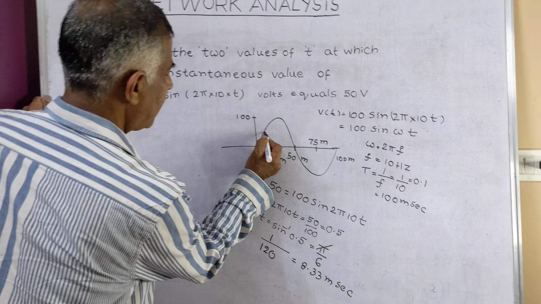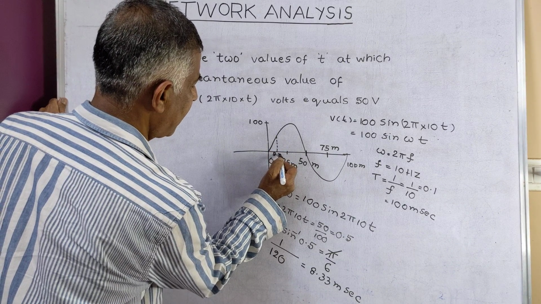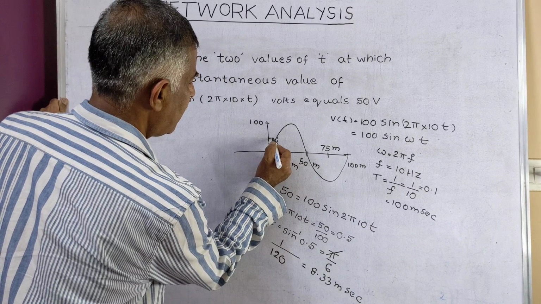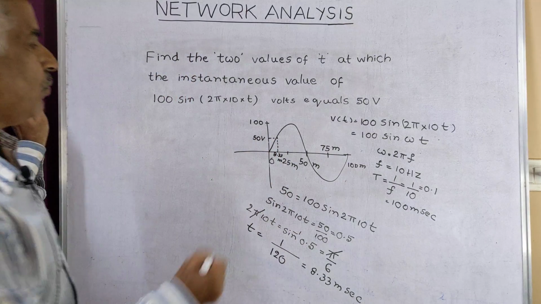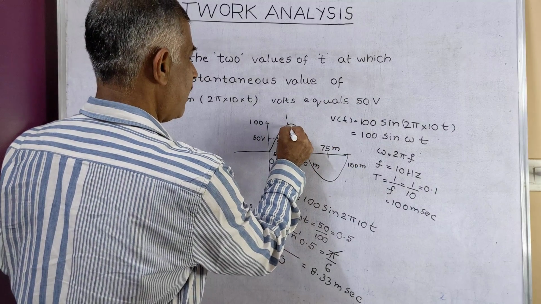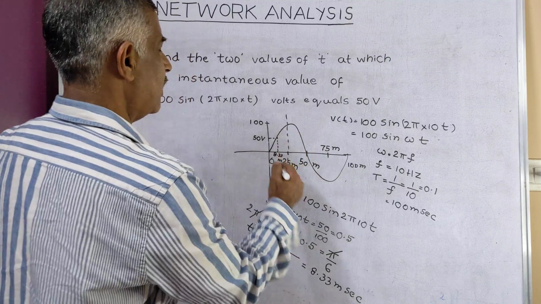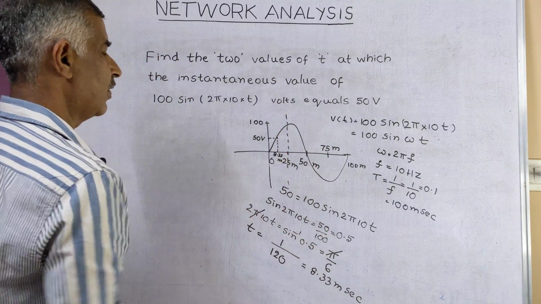Therefore, at 8.33 milliseconds, the value is 50. Now, take the positive portion. If you take the positive portion, the waveform is symmetrical about this axis.